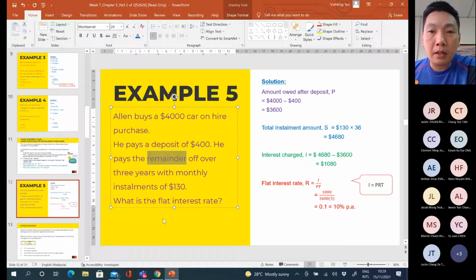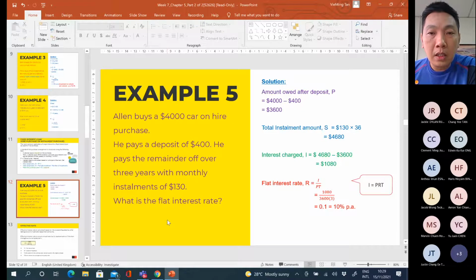Now the question is asking, what is the flat interest rate? The flat interest rate refers to the R, the simple interest rate.